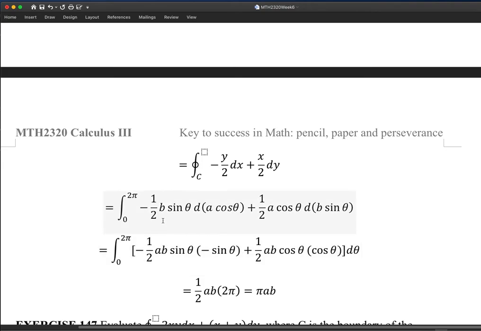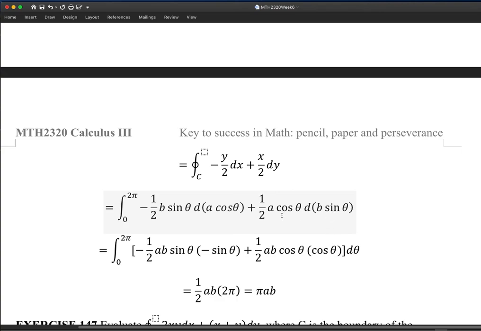It may still look pretty long, but look closely. D of cosine theta, certainly you want to take out this a first. D cosine theta has a negative sign, right? Negative times negative tends to be plus. Sine theta, that is sine squared. Then for the second part, 1/2 a times b together.